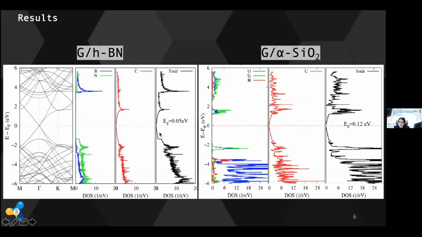As you can see here, a small band gap occurs at the Dirac cone. For graphene on hexagonal boron nitride, we get a band gap of 50 milli electron volt, and for graphene on silicon dioxide, we have 120 milli electron volt.